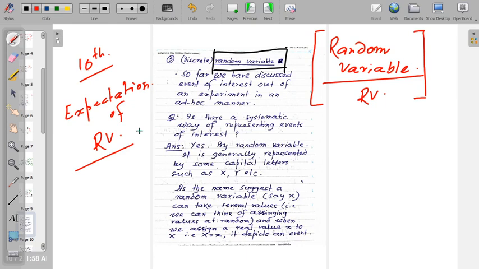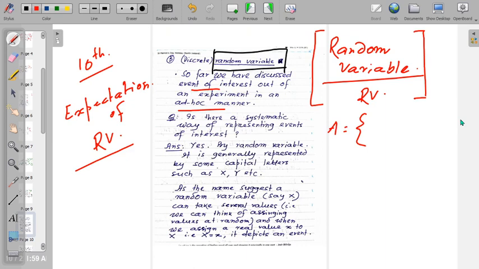So far we have discussed the event of interest out of an experiment in an ad hoc manner. Say we are flipping two coins, and we are looking for the event A comprising at least one head, or exactly one head.